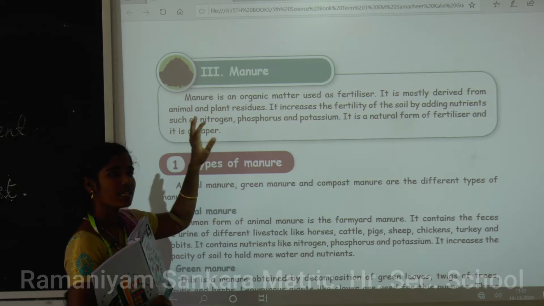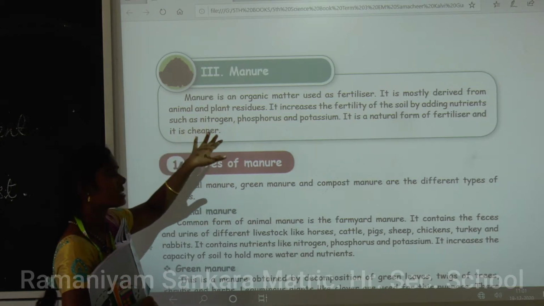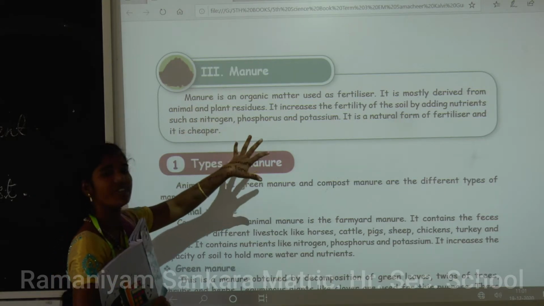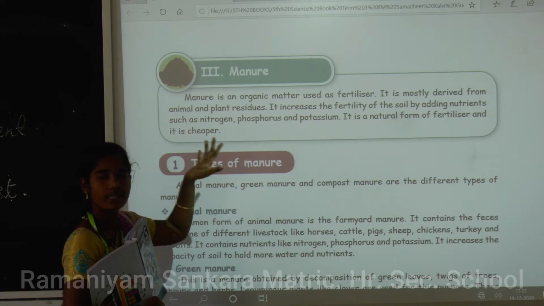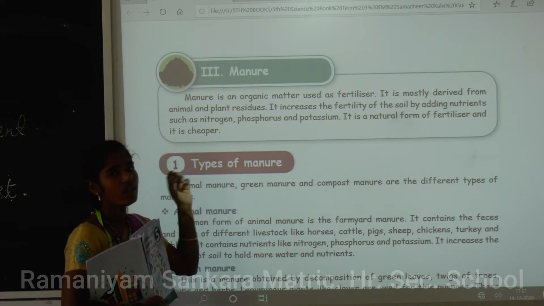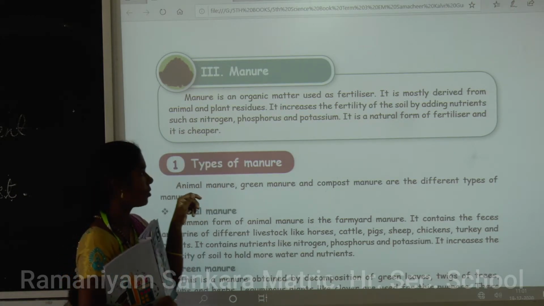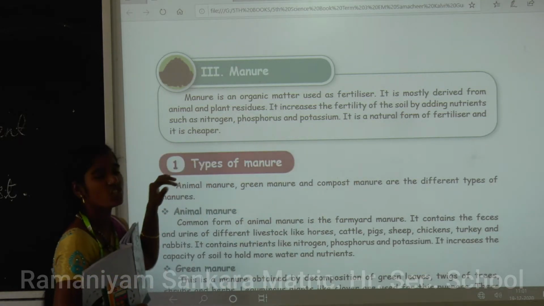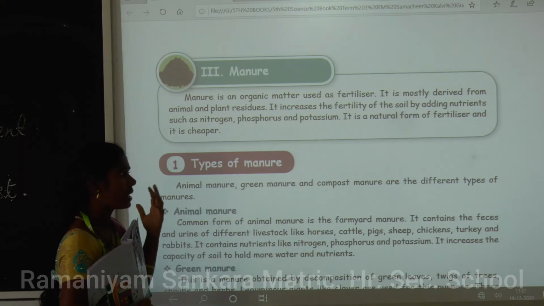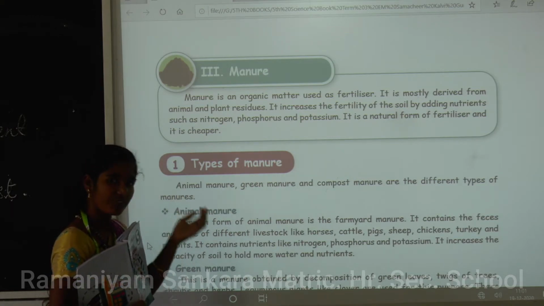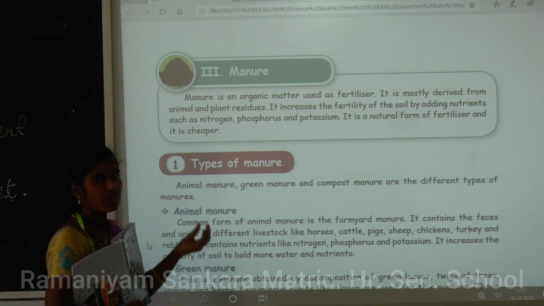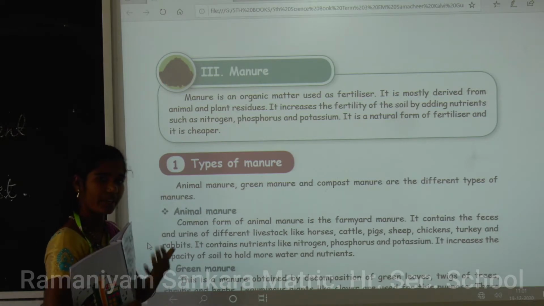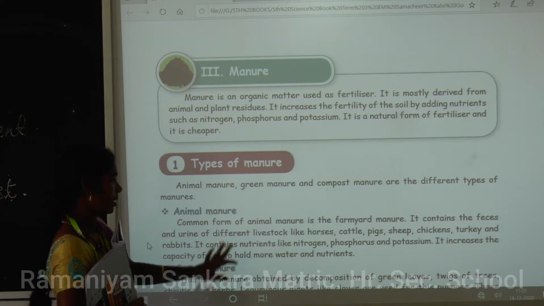Generally we say it is natural manure, natural fertilizer. It is a natural form of fertilizer and it is cheaper also, because we prepare this fertilizer from the waste products of plants and animals. Because it comes from waste, it is very cheap and also very strengthening.